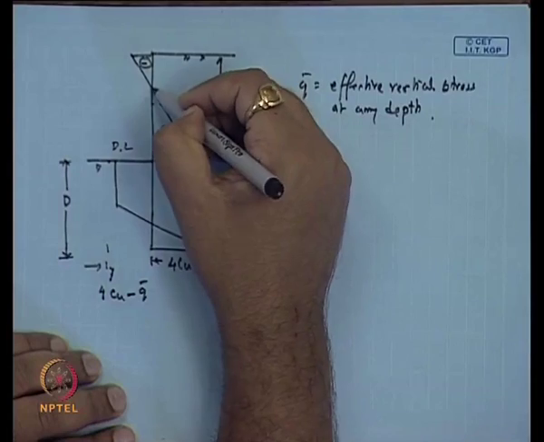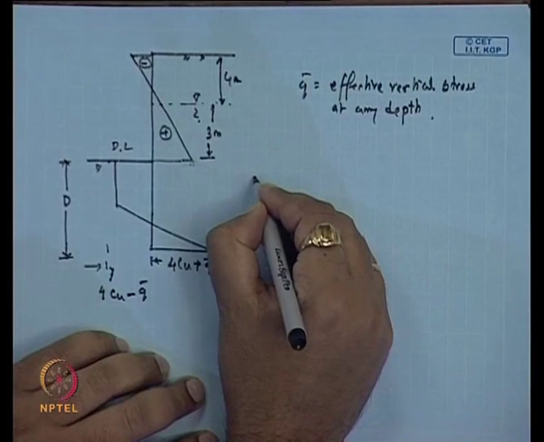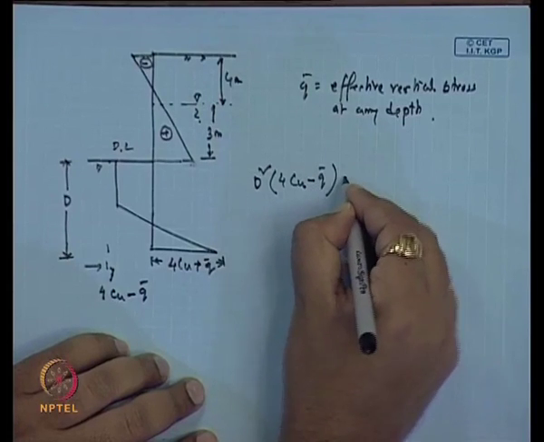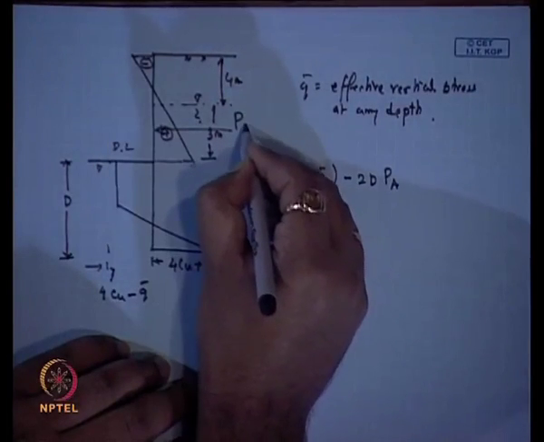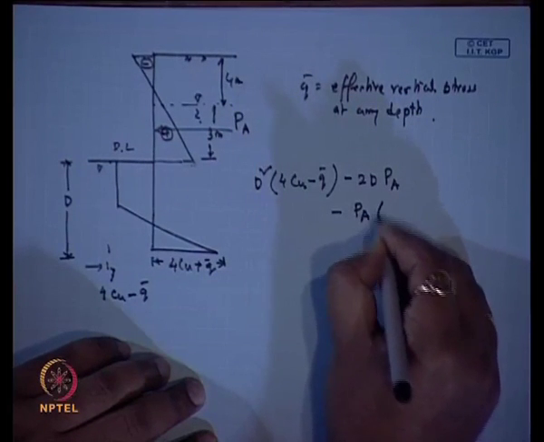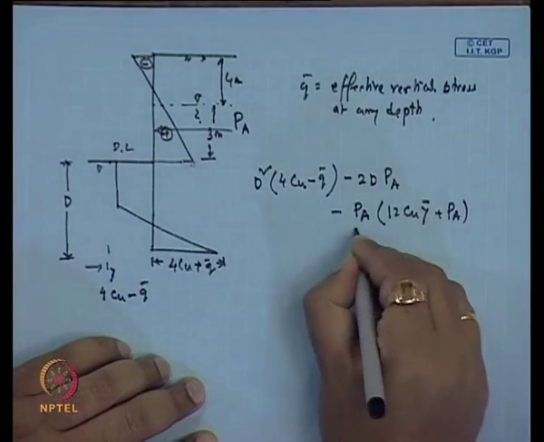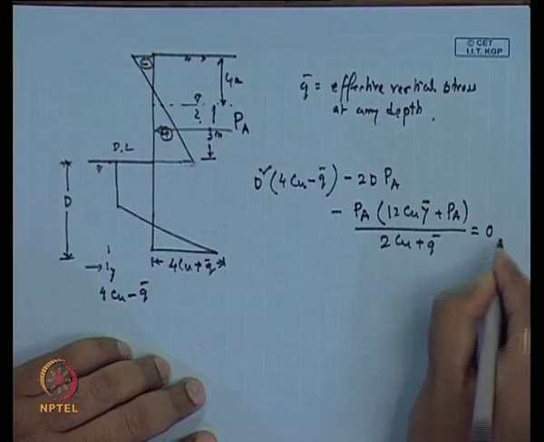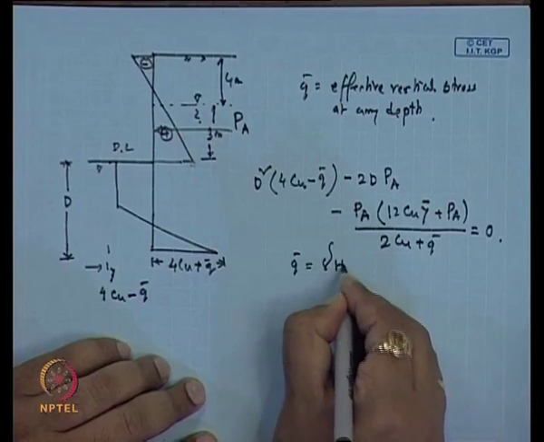Then if I consider only the positive part, the expression that we will get is d square (4 Cu minus Q bar) plus 2 d P A, minus P A (12 Cu y bar plus P A) divided by (2 Cu plus Q bar), that is equal to 0, where Q bar will be gamma into H.